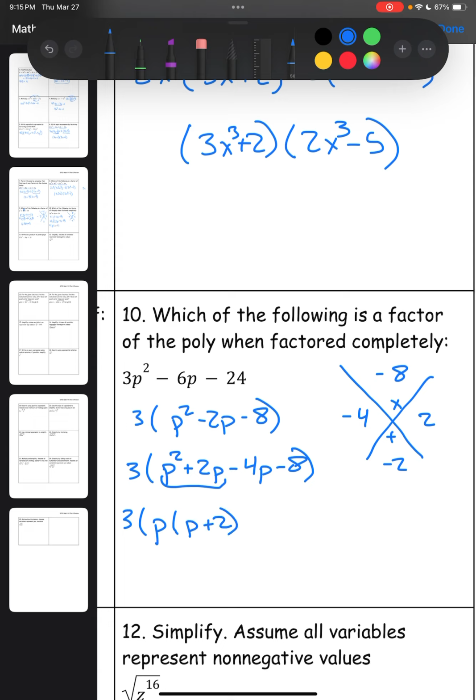And then we're going to take out a negative 4 here, leaving us with a p plus 2. Then we're left with 3 times our p plus 2 times our p minus 4, which is what we were left with here.